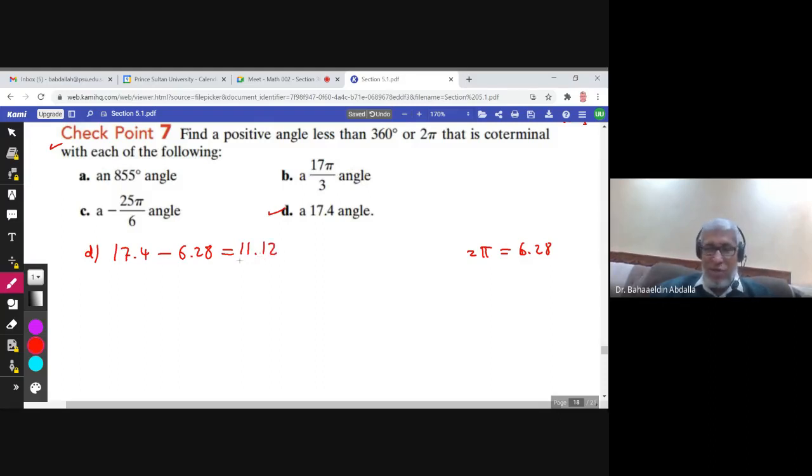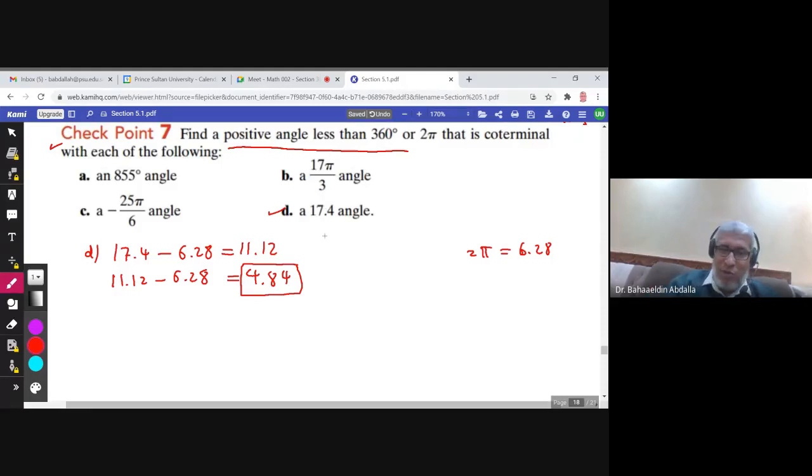This is coterminal to 17.4, but it is not less than 6.28. So again I will subtract 6.28. Now you get 4.48. 4.48 is less than 6.28, so this is the answer. This is the positive angle, less than 2 pi, which is 6.28, and coterminal to the angle 17.4.